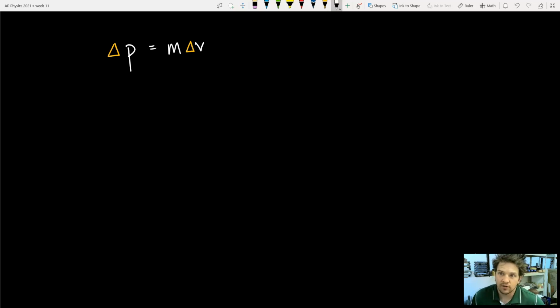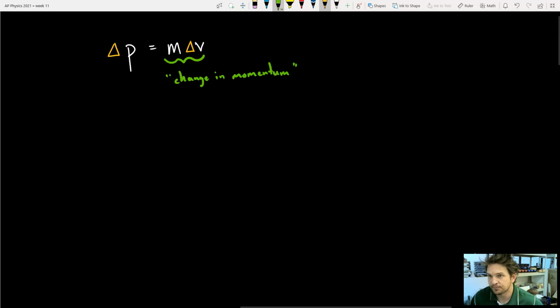This whole term right there is what we call the change in momentum. So change in momentum is mass times whatever something's change in velocity is.